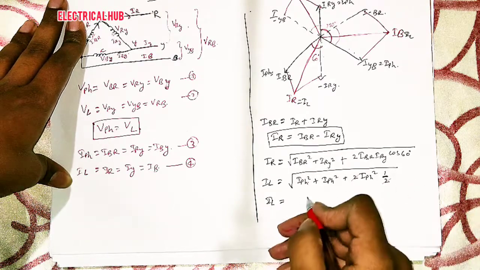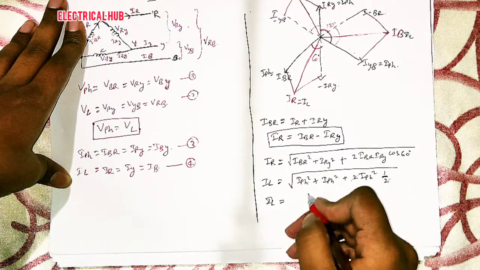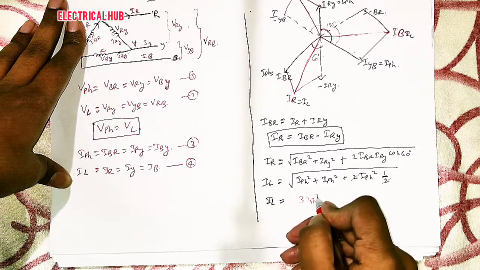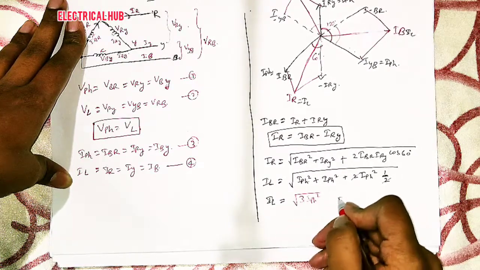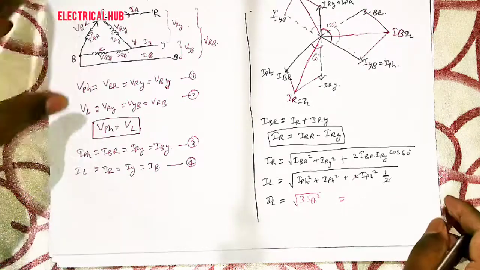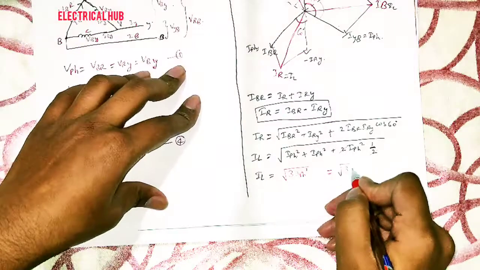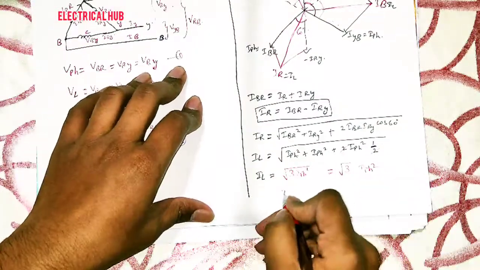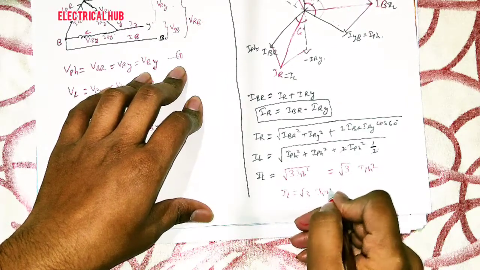So what will be the left component? 1 IPH square plus 1 IPH square plus 1 IPH square, which will become root of 3 IPH square. If we resolve it further, we get root 3 IPH. So the exact value of IL will be root 3 IPH.